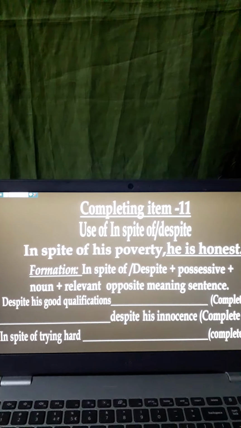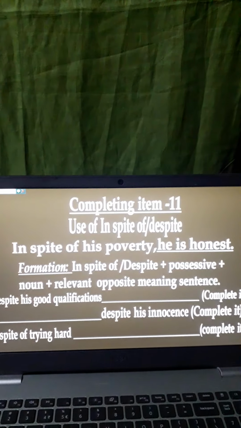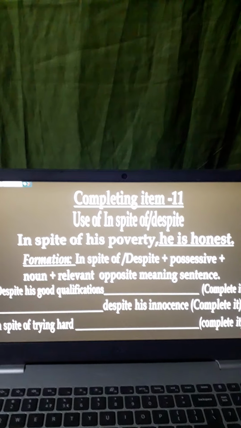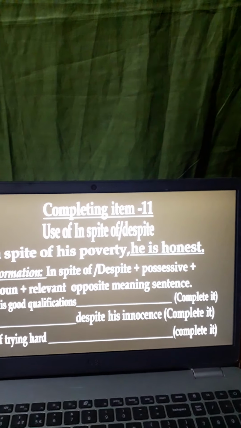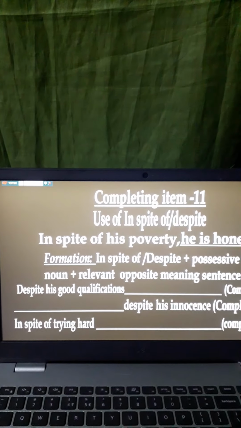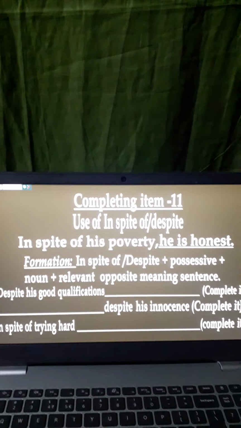Despite his good qualification, dash. Despite his innocence, complete it. In spite of trying hard, dash, complete it.